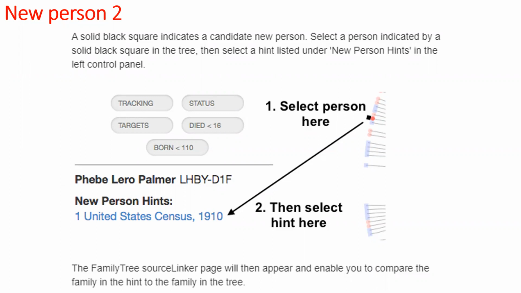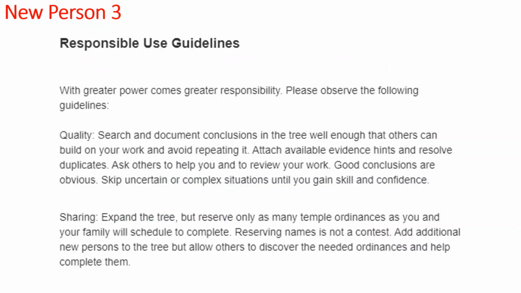You'll be able to select that hint, go into Family Tree to Source Linker, process the hint, and it says you should be able to add new people to the tree. Quite frankly, I can do it on my own a lot faster. And often this doesn't find very many people, but it does work.